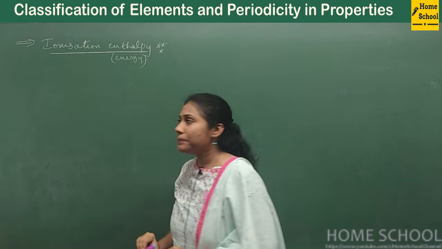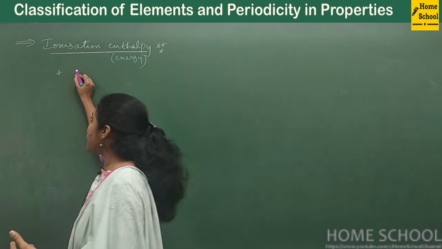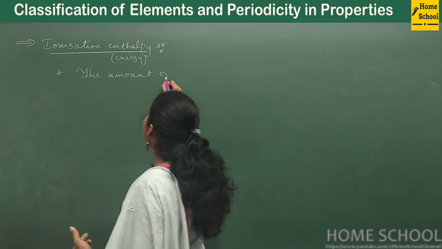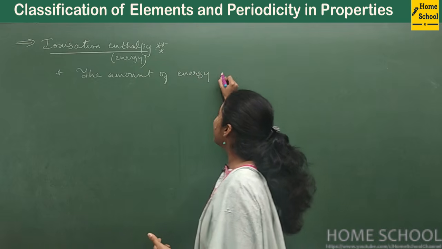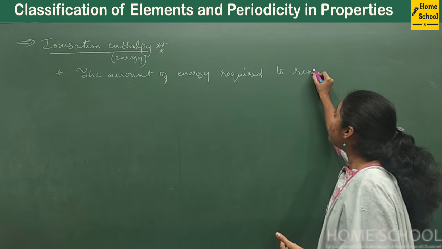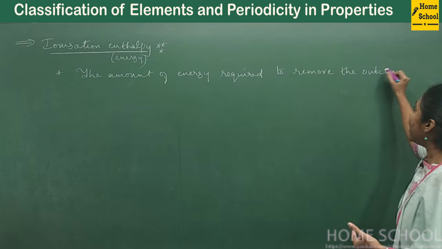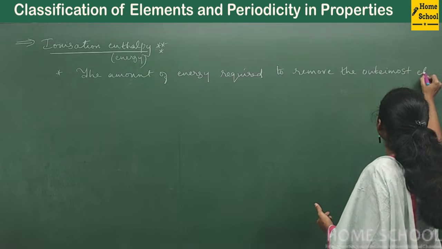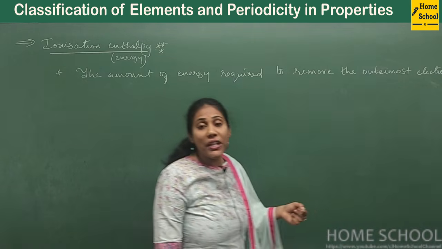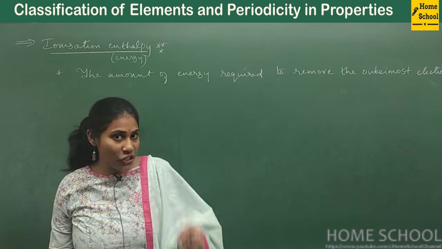It's very simple, guys. First let me write its definition. The amount of energy required to remove the outermost electron. Where are the outermost electrons present? They are present in the last shell, the outermost shell or the valence shell, right?